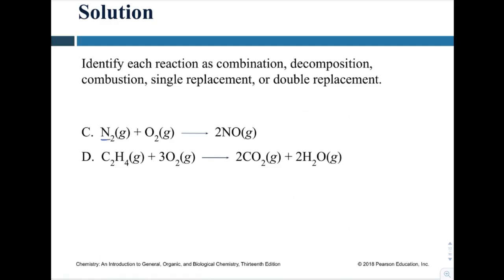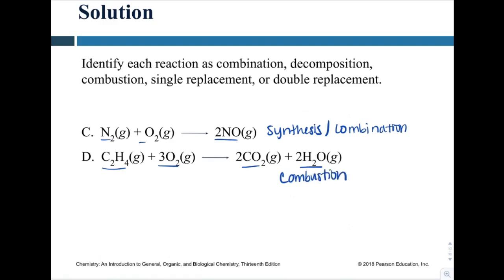And for this one, I have two things coming together to make one, which is a synthesis or combination. The opposite of this would be decomposition. And then in the second one, we have a combustion. Carbon reacting with oxygen to make carbon dioxide and water vapor. So this is your combustion reaction.